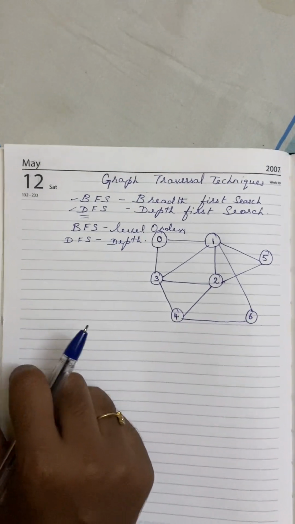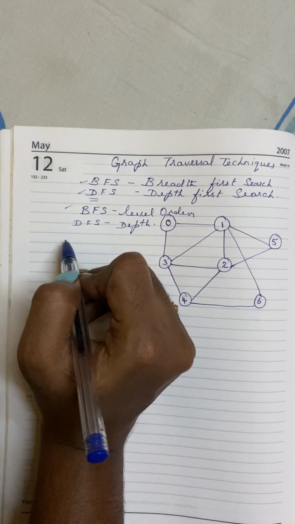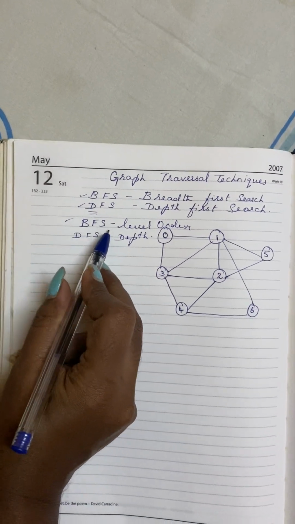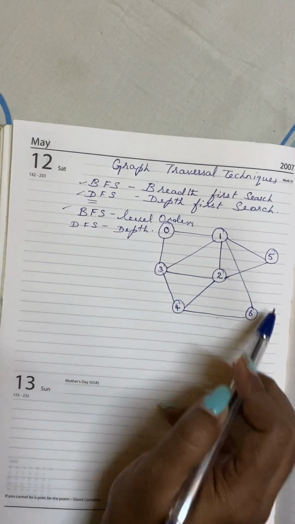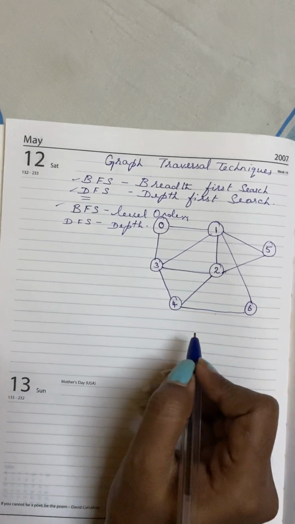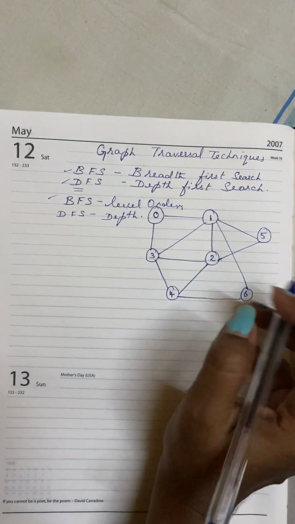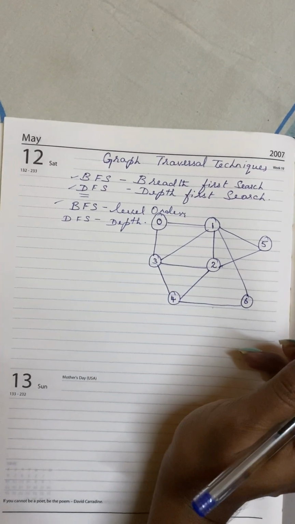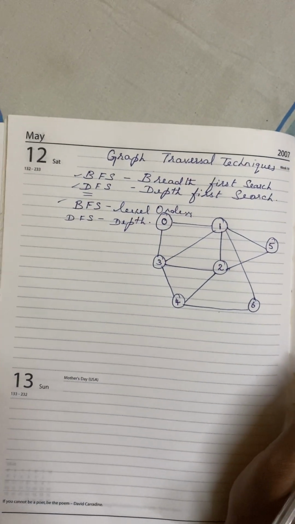Alright, first we will see how we are going to solve the BFS. If you get a question like this, find the BFS of a given graph, and they don't say which is the root node, you can select any node of your choice to be the root node. Either you can take 0 or 1 or 5 or 6 or 2 or 3 or 4. From that particular root node, you start your traversal.